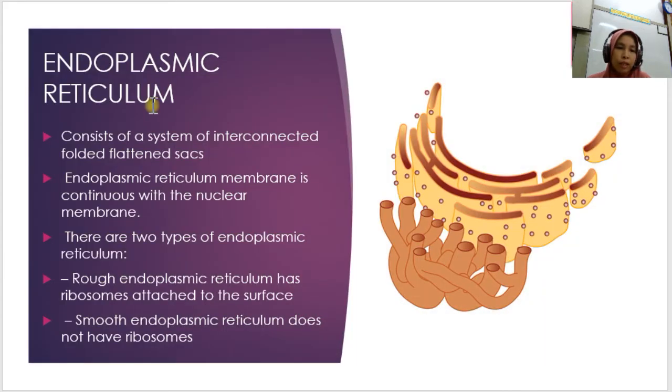Now we go to the endoplasmic reticulum. The endoplasmic reticulum consists of a system of interconnected, folded, flattened sacs. It is also a flattened sac, same as the Golgi apparatus, but it is interconnected. The endoplasmic reticulum membrane is continuous with the nuclear membrane.